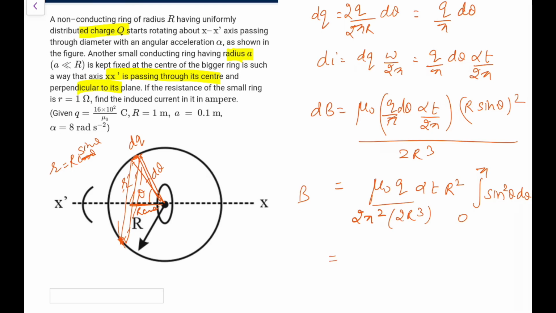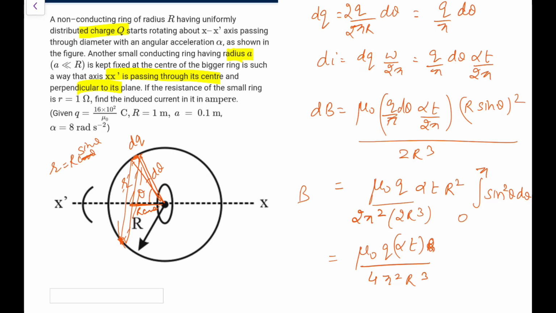So what will I be left with if I solve it? It is mu naught q alpha t, the r cancels, and this was 2 times r cube, so it was 4 pi square r cube, and the integral of sine square theta d theta from 0 to pi.